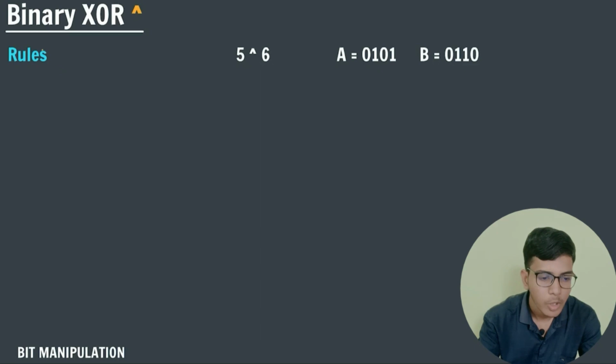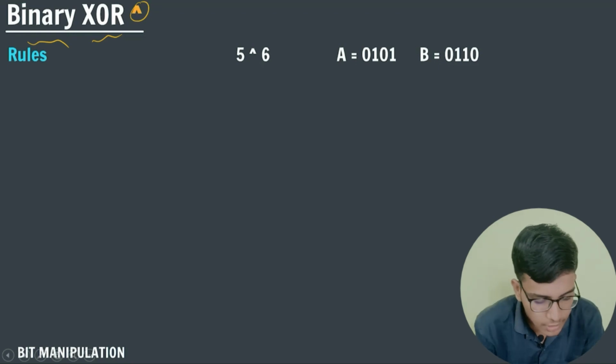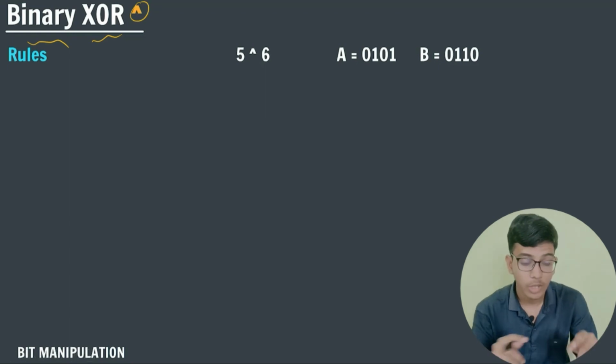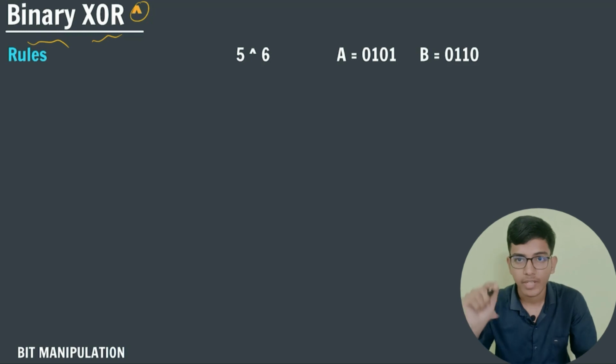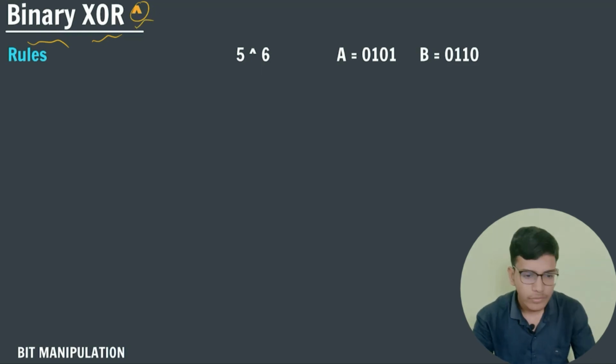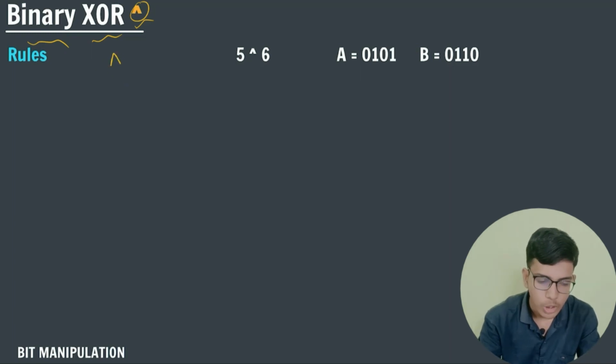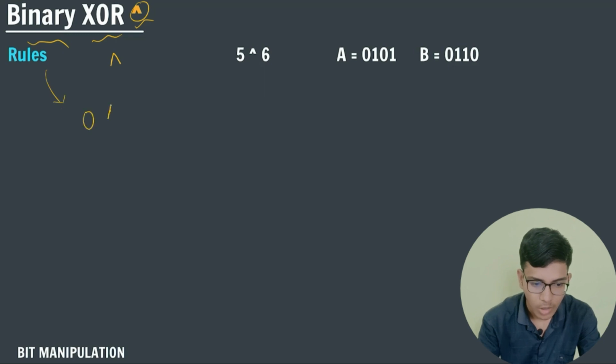Now let us talk about the binary XOR operator. It is represented by this symbol, which you can find on top of the 6 button. You have to press shift and 6 to get it. Now the rules for this operator: 0 and 0 will give me 0.